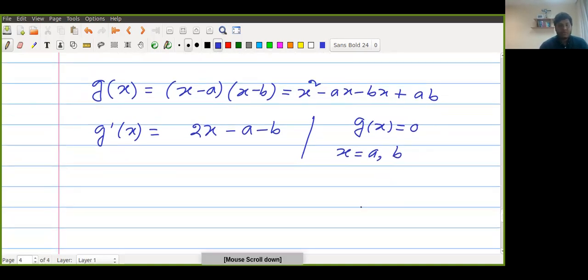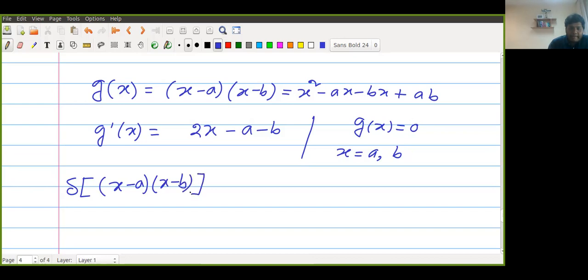So now we want to calculate what will be the value of this quantity, x minus a into x minus b.